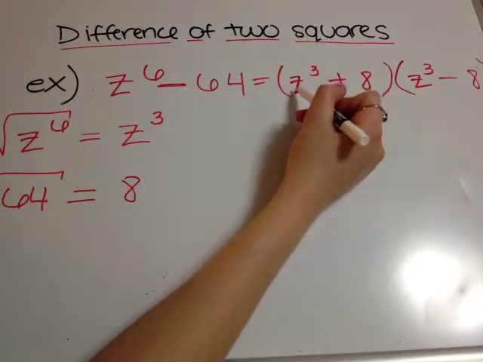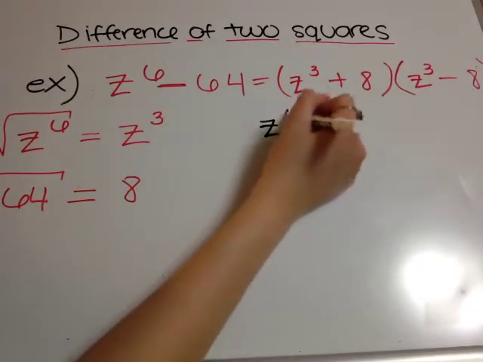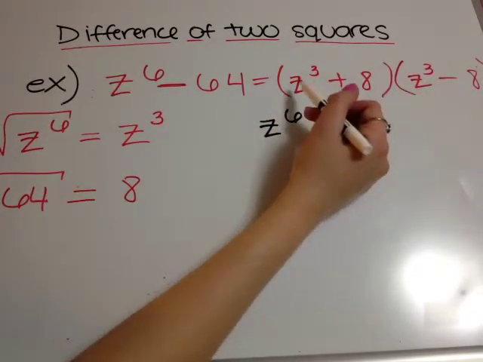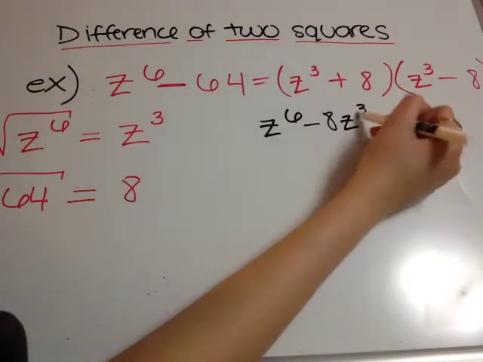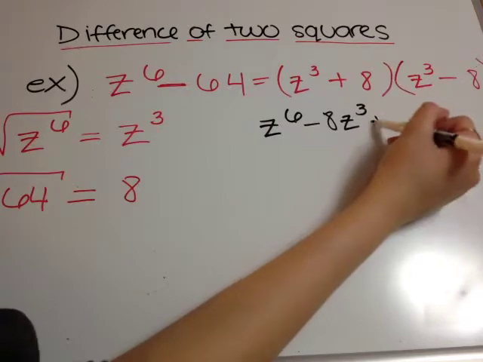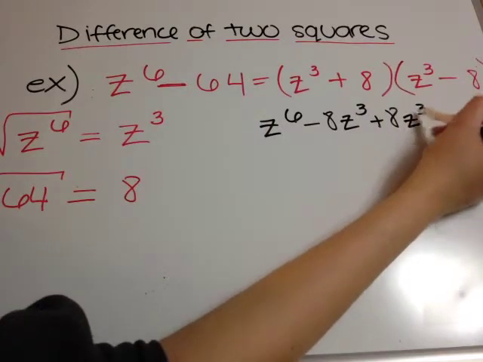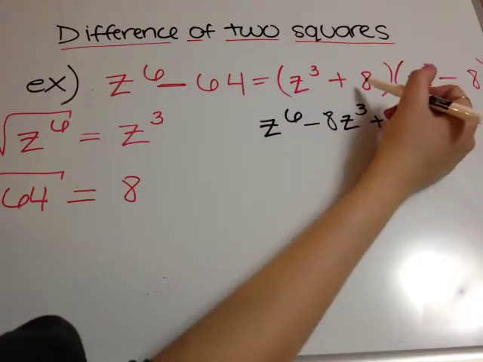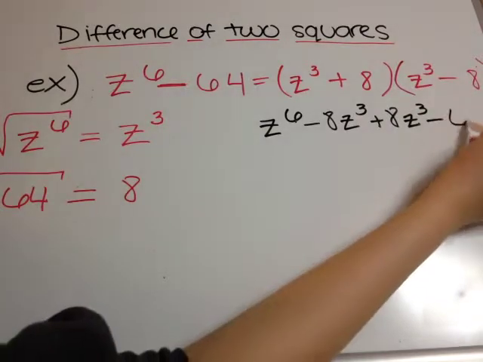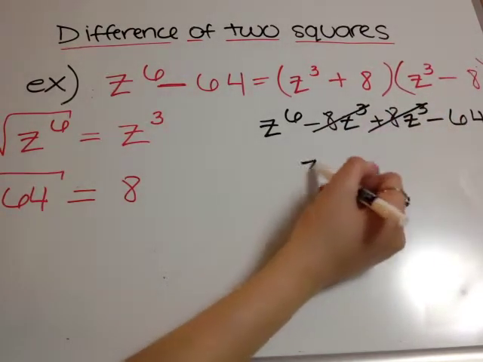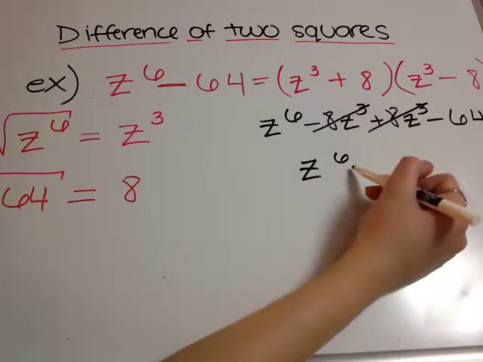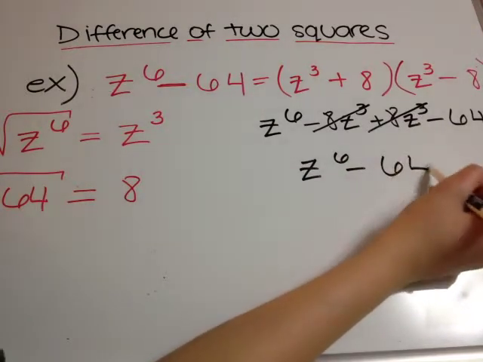We have z cubed times z cubed, which is z to the 6. That's first. Outer is negative 8 z cubed. Inner is positive 8 z cubed. And last is 8 times negative 8, which is minus 64. Our middle terms cancel out, and we're left with z to the 6 minus 64.